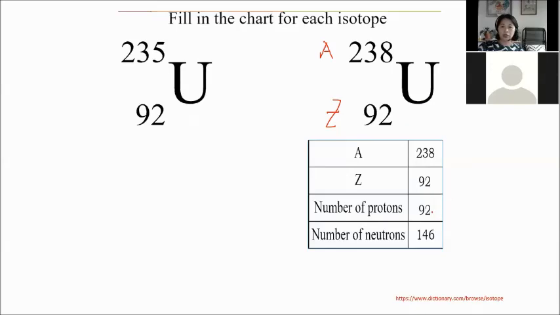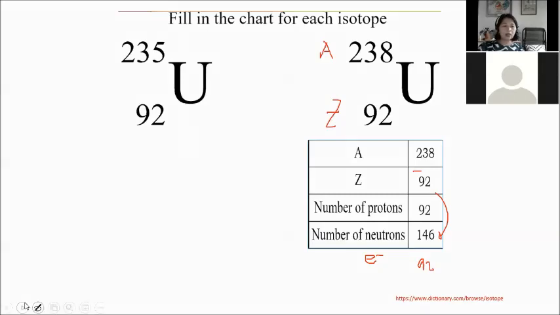So yan ang 92. The number of neutrons is the difference between 238 less 92. So that is equal to 146. So if you are asked pa, how many electrons? So since neutral, then yung sagot dito dapat 92.